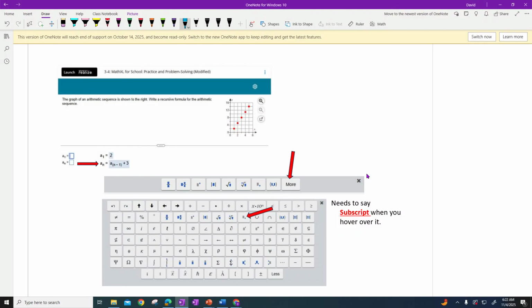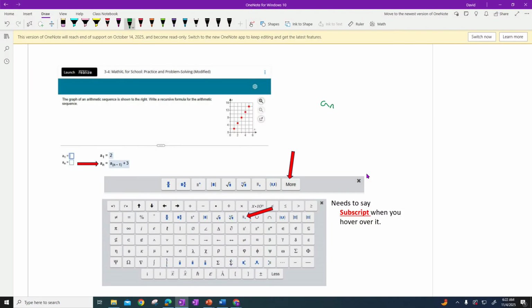But if you hover over this, it'll say subscript. So you hit this little guy, and then you put A, and then you hit this little guy to put this, and you have to have n minus 1 in parentheses, plus 3.